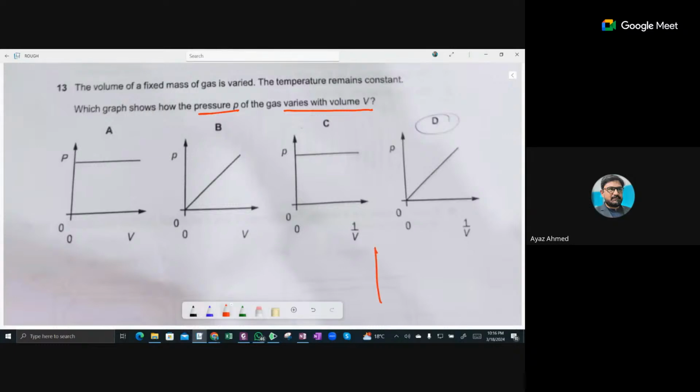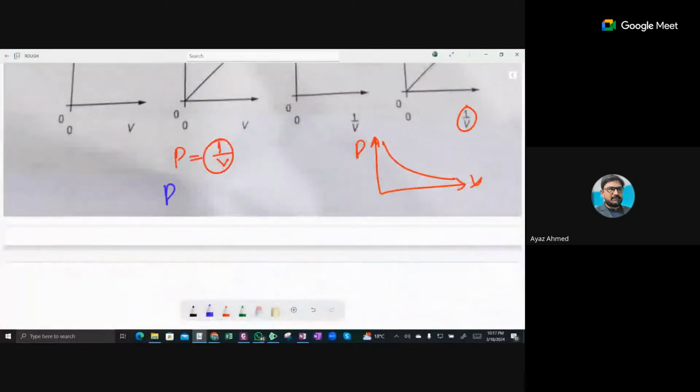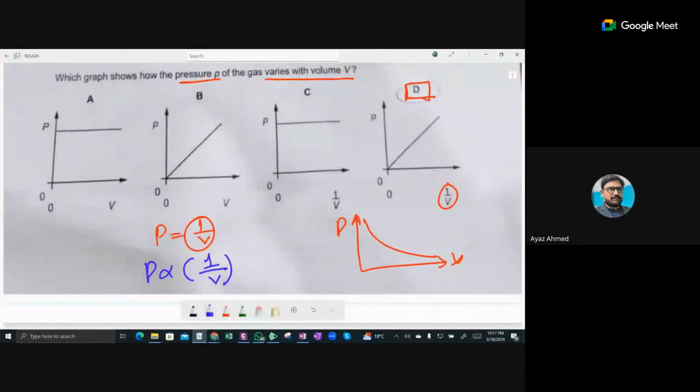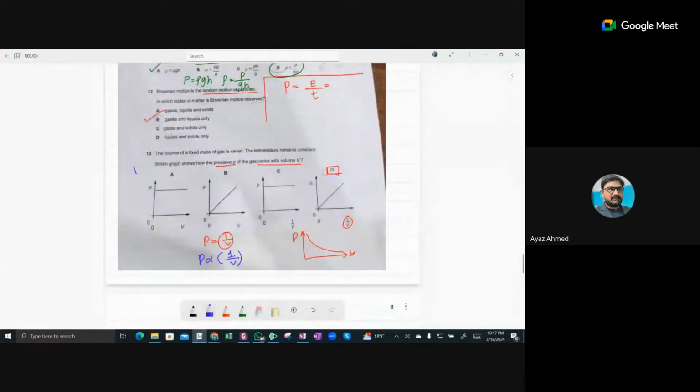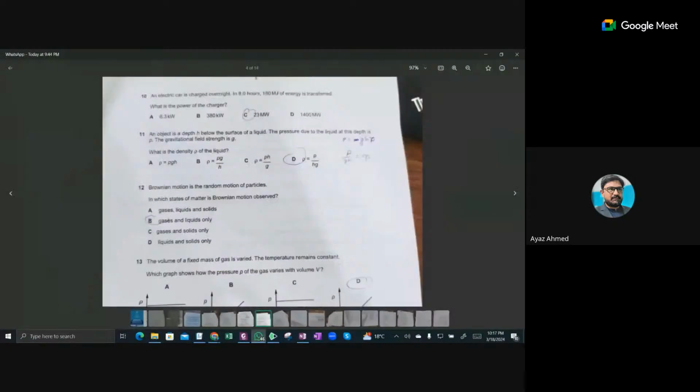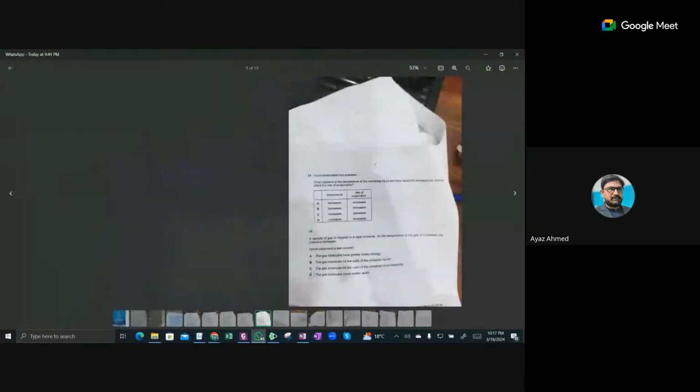But because we know that pressure is proportional to 1 upon volume, I can say that pressure is directly proportional to 1 upon volume. So it would be a straight line passing through the origin. So you made one more mark over here.